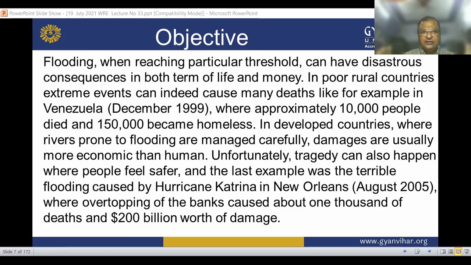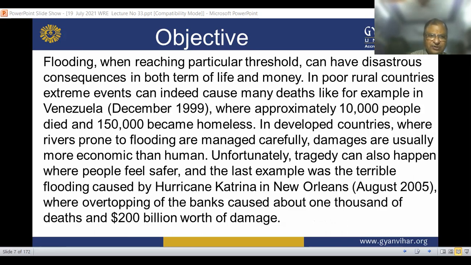So flooding, when reaching populated areas, can have disastrous consequences in terms of both life and money. In poor rural countries, a single event can indeed cause many deaths.